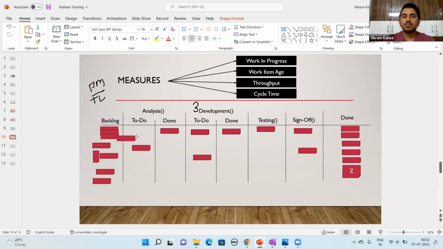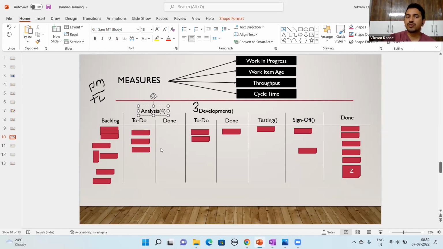But what pull tells is that analysis will tell the PMs, TLs, POs, PDMs, product managers, product owners, or anyone, that we want certain criteria, and this is our WIP limit of 4.